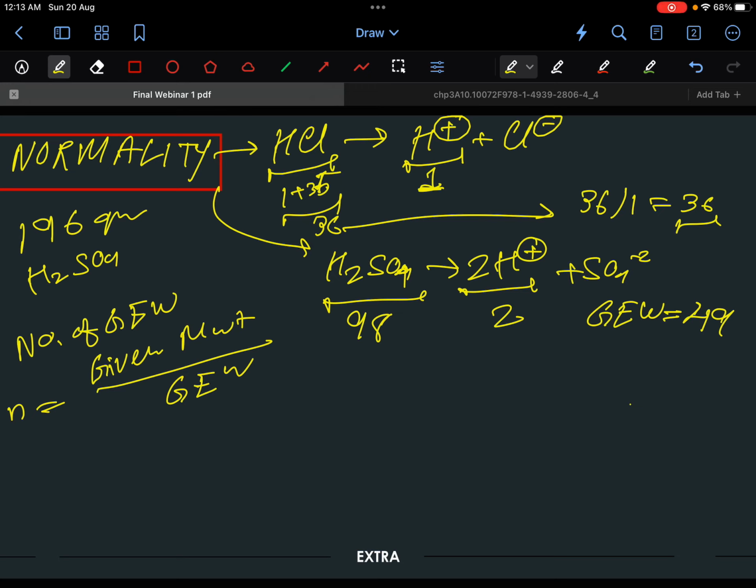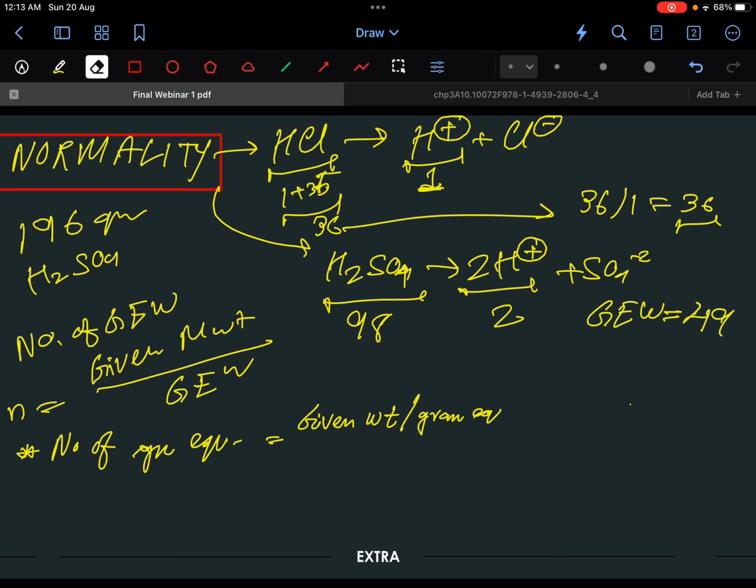Makes sense? Okay, so number of gram equivalent is equal to given weight divided by gram equivalent weight. And what is the formula of normality?